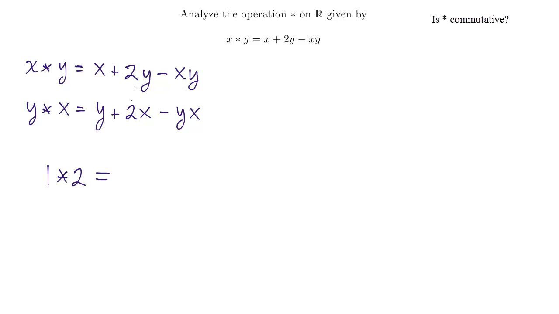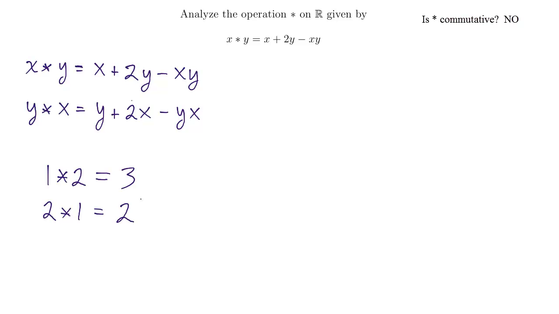So 1 plus 4 is 5, minus 2 is 3. But 2 star 1 would be 2 plus 2, that's 4, minus 2 is only 2. And 3 is not equal to 2, so we see that this operation is in fact not commutative.